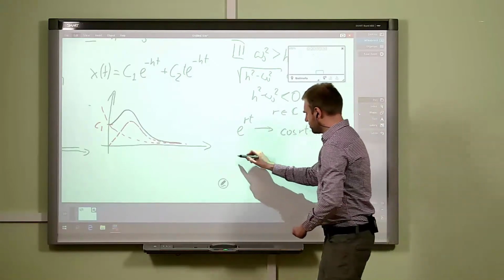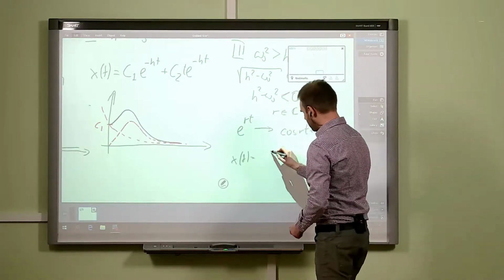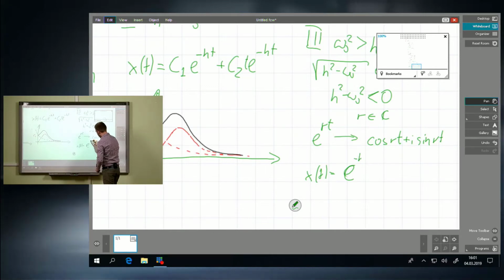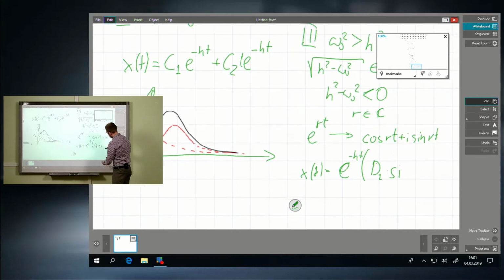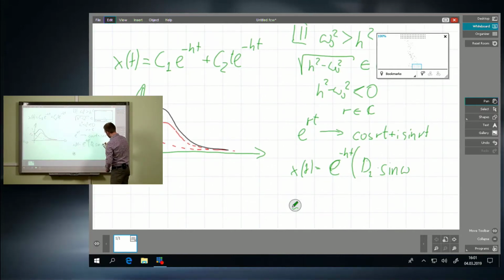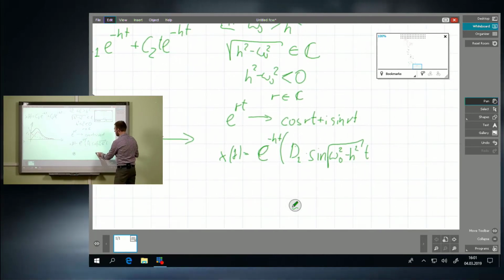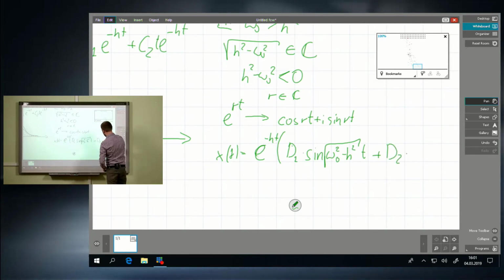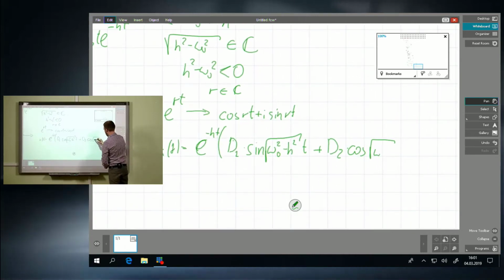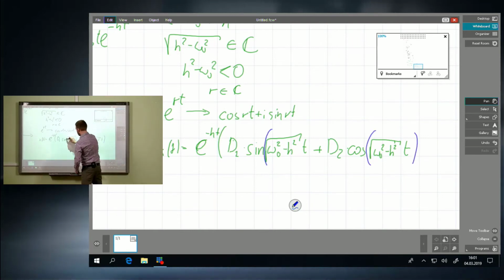And as a solution, we are getting exponent of minus ht times d1, different constants of integration, times sine of the square root of omega 0 square minus h square times t, plus d2 times cosine of the square root of omega 0 square minus h square times t. Okay, let's close the parentheses, and it is that process.